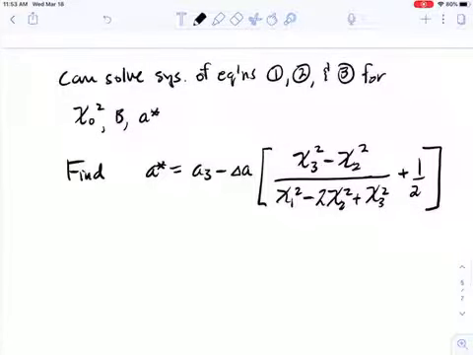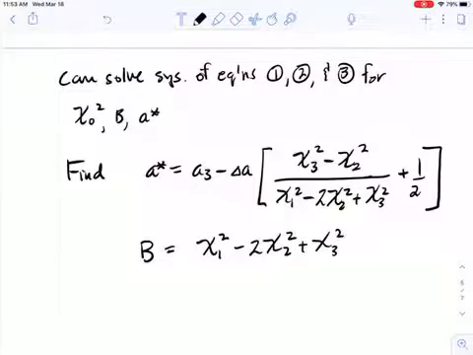Okay, the other thing, in fact the thing we'll be most interested in for the moment, is the b parameter, and it turns out to be the following. All right.